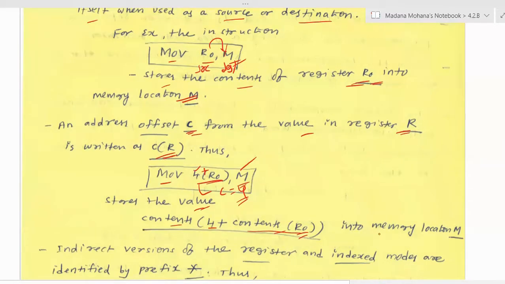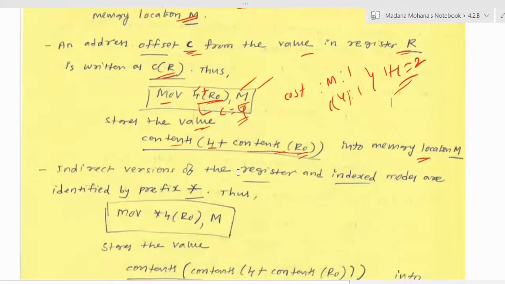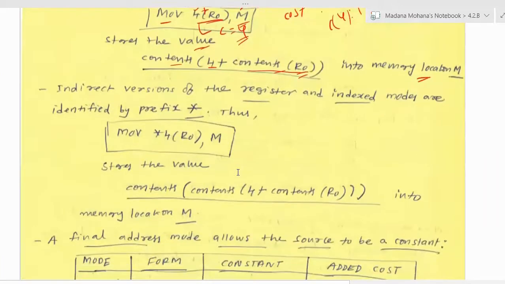This can be stored into the memory location M. For this the cost is, for memory location it takes 1, for the constant it takes 1. Therefore cost is 1 plus 1 equal to 2. For register you can't take any cost here. Wherever in assembly language code registers are there, we can't consider any cost here.